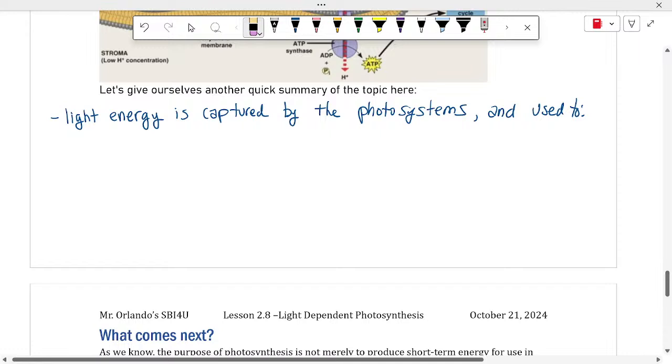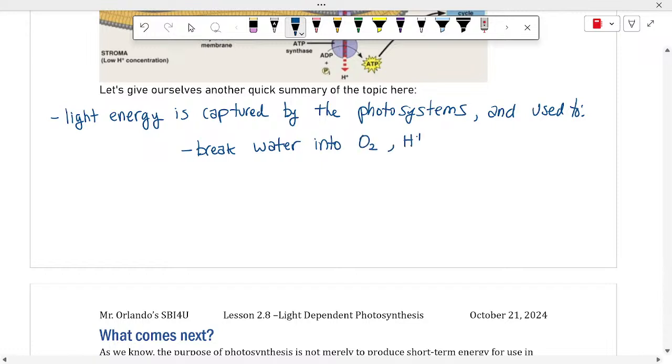Light energy is captured by the photosystems and is used to do a few things. One, like Kiki told us, break water into oxygen, H plus, and electrons.